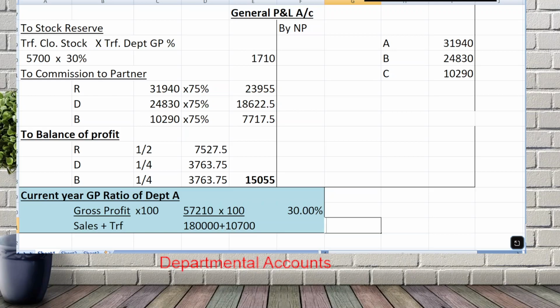So we prepare the trading account, recording the transfers. Then we recorded the P&L account. The only thing is, in this problem, the number game is increased, that is, the sharing of expenses. Then in the general P&L account, we remove which one? Stock reserve. Who is having the stock? C is having the stock. Who transferred it? A transferred it. That's why 5,700 into 30%. Then we recorded commission as directed in the first paragraph. The balance of profit is shared in the agreed ratio.